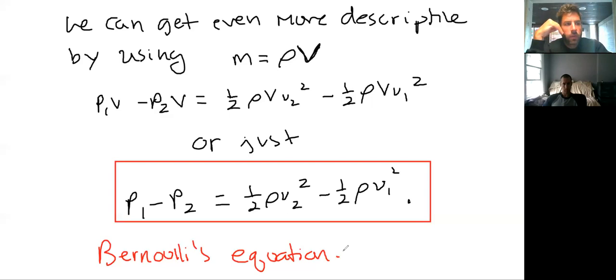We get this Bernoulli equation, which is loaded with information, and if we study it and make sense of it, we'll realize that it's telling us exactly what we would expect to happen, even if we're thinking of ourselves as 12-year-olds putting our hand at the end of a hose.